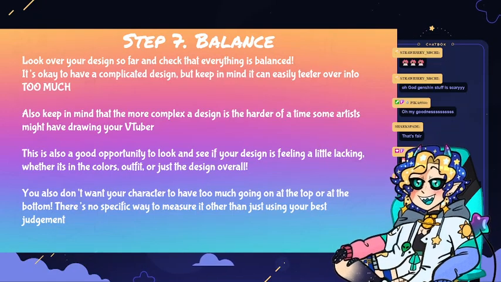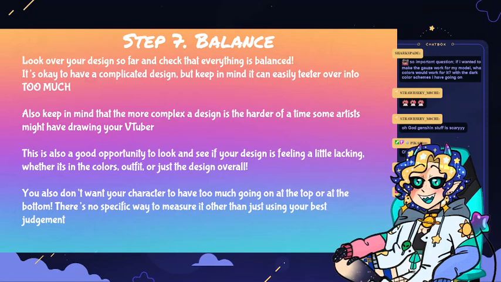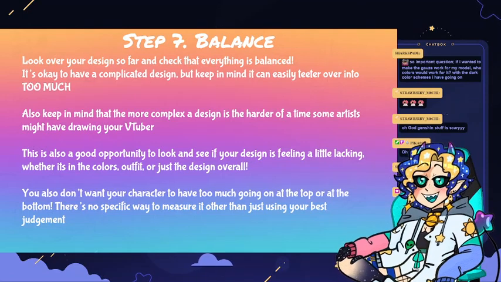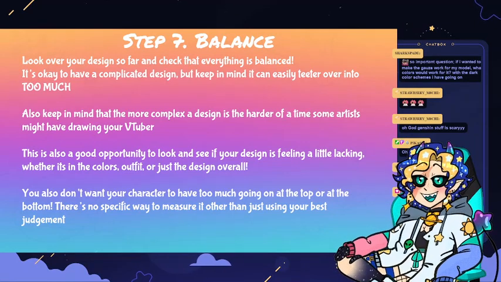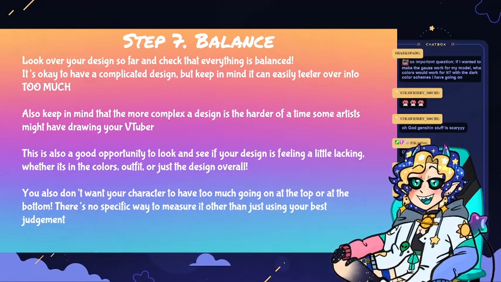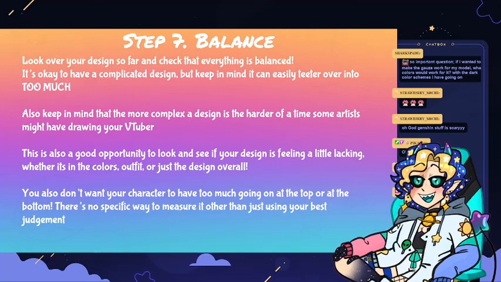Another good example is probably Monarch, the VTuber Monarch. If you wanted to make the gauze work for your model, what colors would work for it? At that point, if you want to keep the gauze, you might want to play around with the outfit and the shades of your outfit.